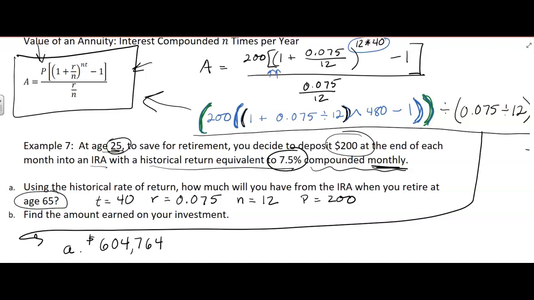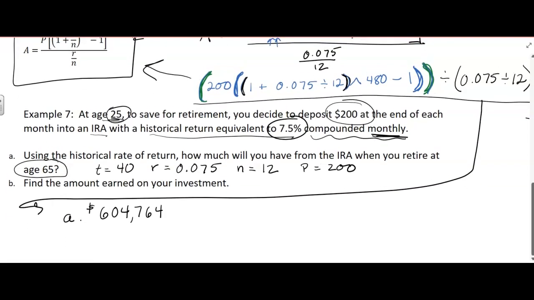Now, in the textbook, they must have rounded off a little bit early because they got 604,765. Okay, but mine's just a little more accurate because I didn't round off. Okay, and there's pennies involved, but we're just rounding to the nearest dollar. Okay, so that is that part.